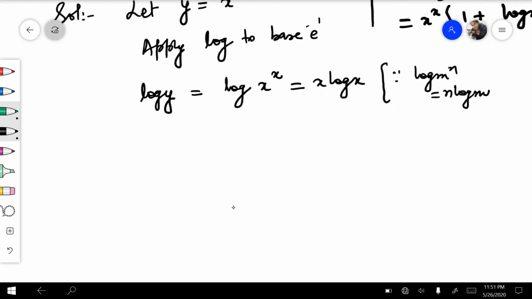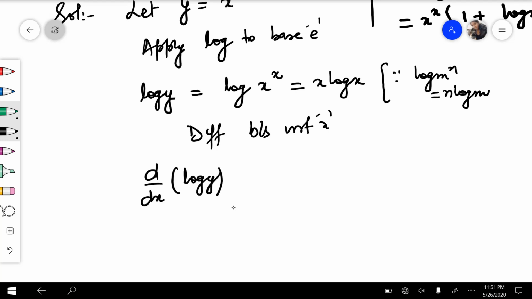Now differentiate both sides with respect to x. उससे हमारे पास क्या बनेगा d by dx of log of y is equal to d by dx of x into log of x.